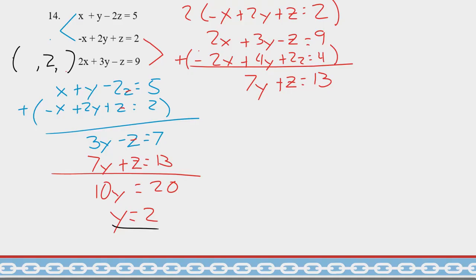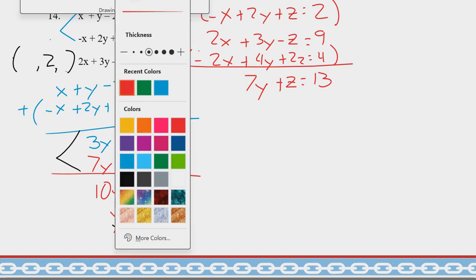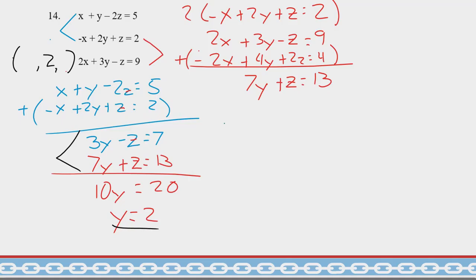And when finding my ordered triple, x, y, z, I now have my y is 2, right from here. So now I am going to use one of my two equations that I worked off of here to find one of my other variables. Let's get a new color going here. So let's just go right here, 3y, which I learned here was 2, minus z equals 7.